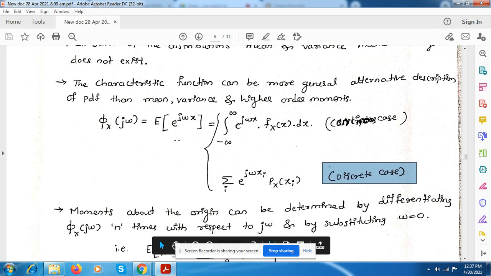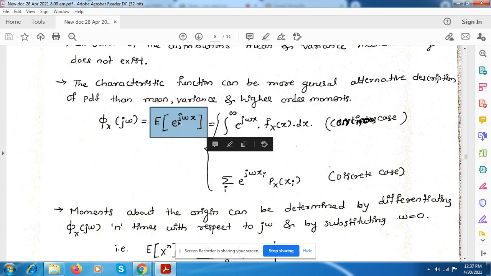For E of x, we had the formula integration from minus infinity to infinity x into fx of x into dx. A similar equation is there here, that is E of e raised to j omega x.